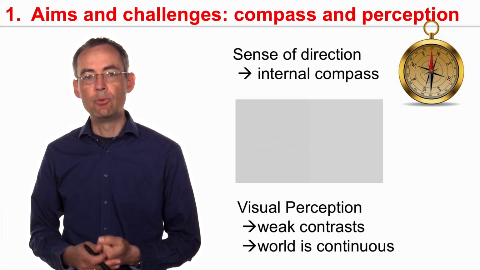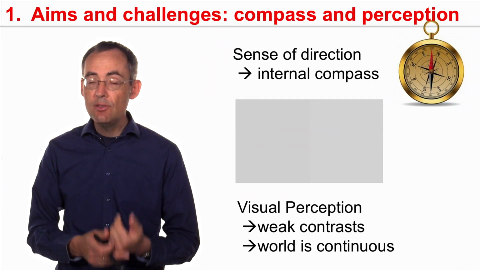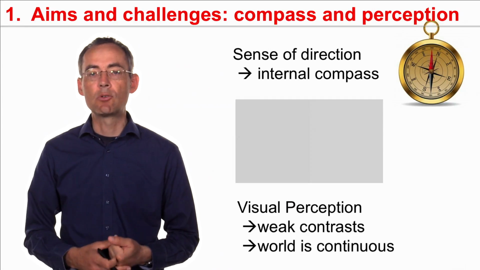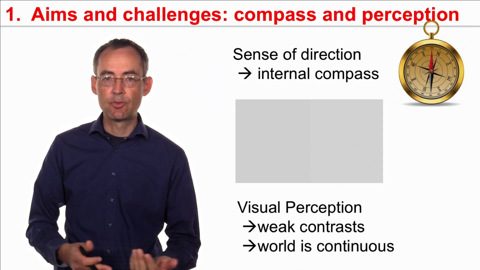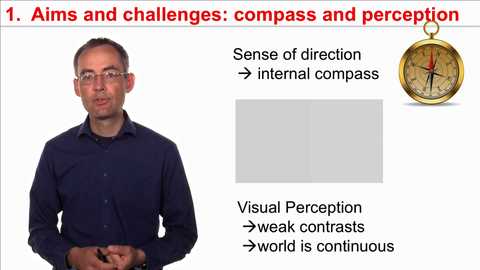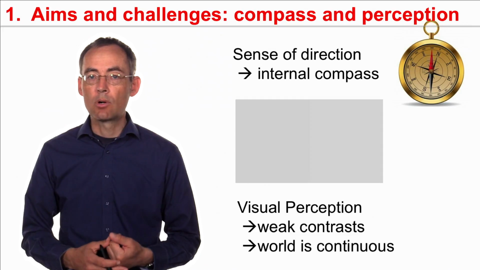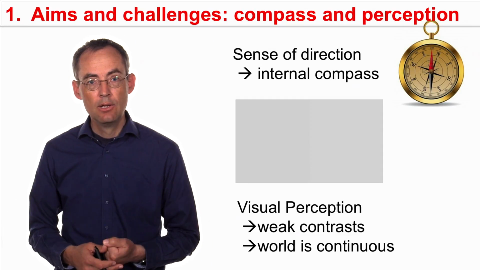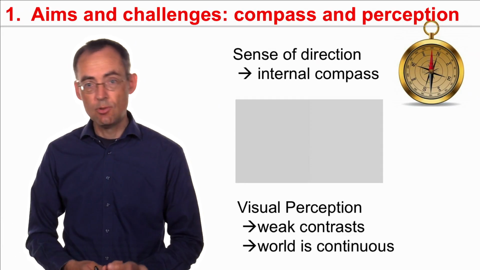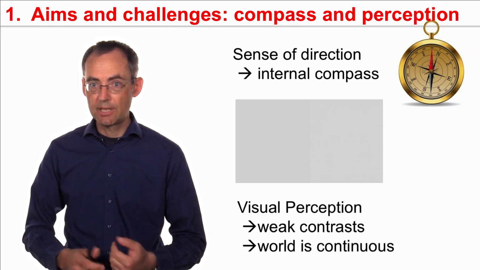So we have to do a bit of work, but it's worth the effort, because in the end we will be able to apply our field models to our sense of direction, the internal compass, and to our sense of perception. So it's worth doing it. Stay tuned. We'll do a bit of work, but please stay on.